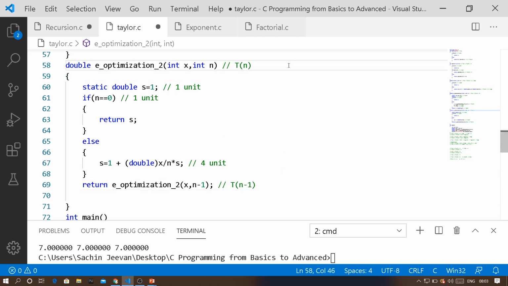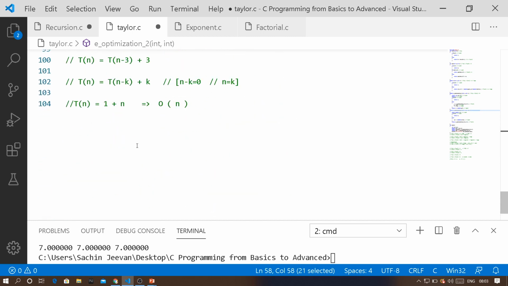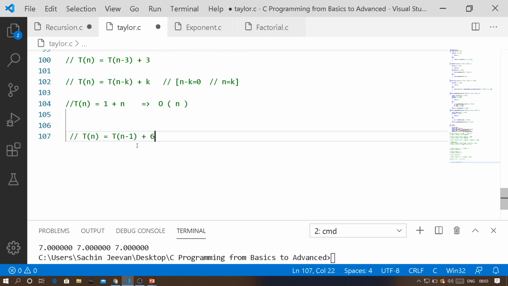Overall equation is t of n is equal to t of n minus 1 plus 2 plus 4, that is plus 6. So this is the recurrence relation that we have. Take this recurrence relation and we will place it afterwards.